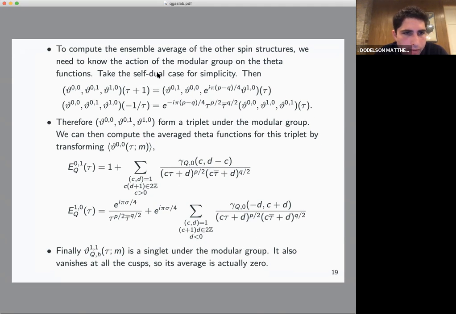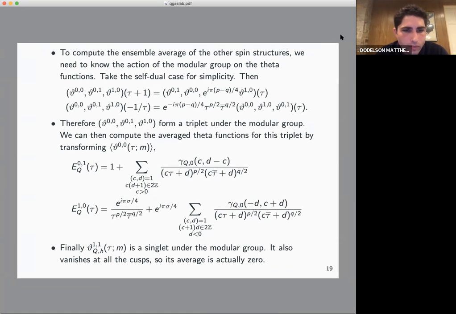For instance, the T transformation permutes the 0-0 structure with the 0-1 structure, and it leaves the 1-0 structure invariant. And the S transformation permutes the 0-1 structure and the 1-0 structure, and it leaves the 0-0 structure invariant. Okay. So therefore, these three spin structures form a triplet under the modular group.